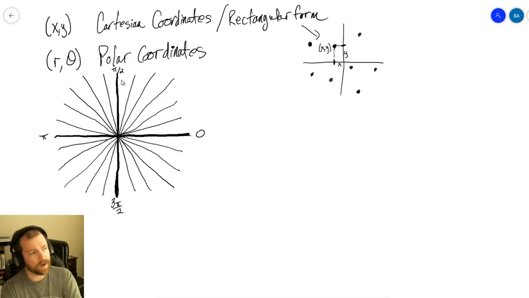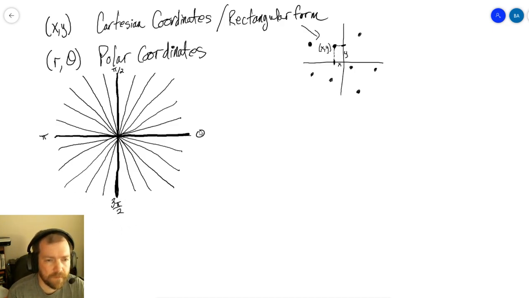So 0, pi over 2, pi, and 3 pi over 2, or if you prefer 0 degrees, 90 degrees, 180 degrees, 270 degrees.